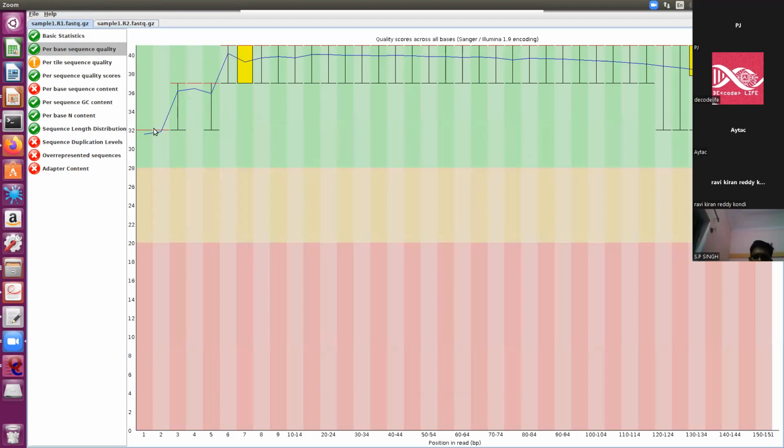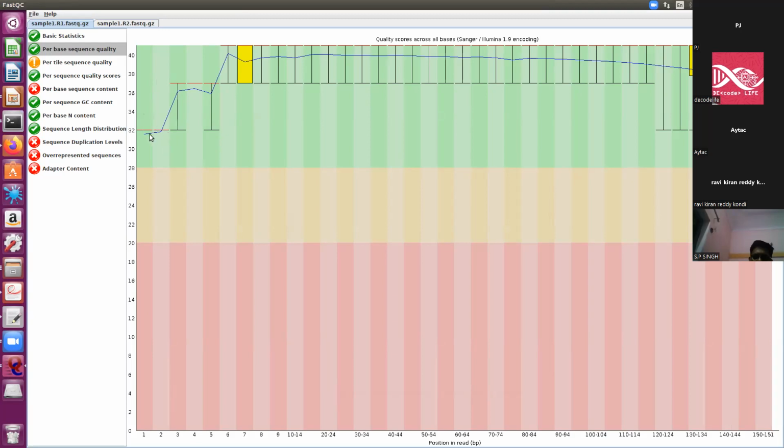Actually, this is a 150 base pair read, and we have thousands of reads. Every read doesn't have an exact quality of Q30, like it is showing here. This region is a range. Few reads are in the range of Q36, few reads are in the range of Q32.